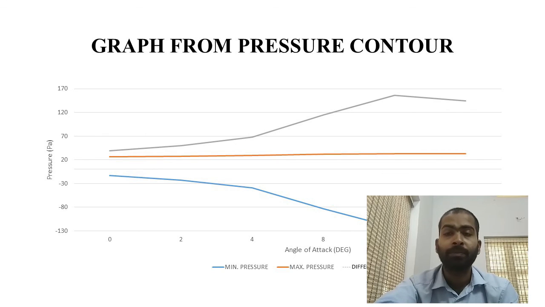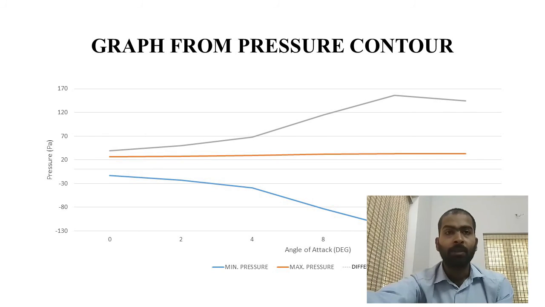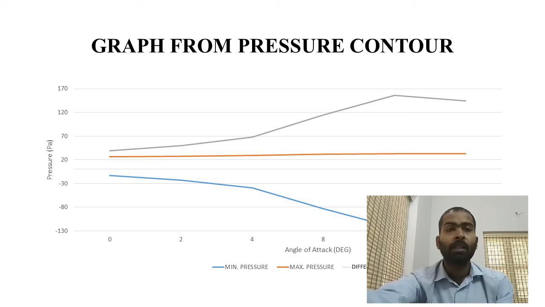attack in degrees is given from 0 to 14 degrees, and at the y-axis the pressure difference is given according to the angle of attack. So we can see that the maximum pressure is at 12 degrees. Next is the graph from the velocity contour.